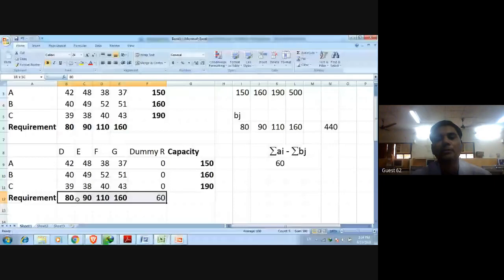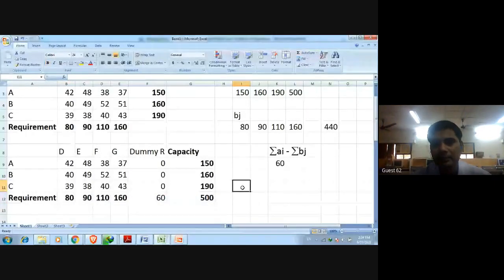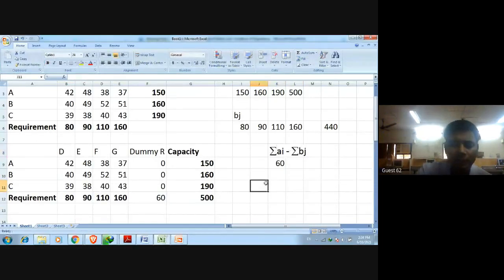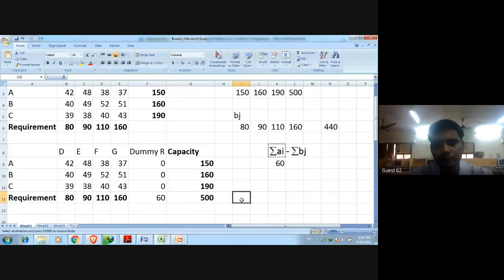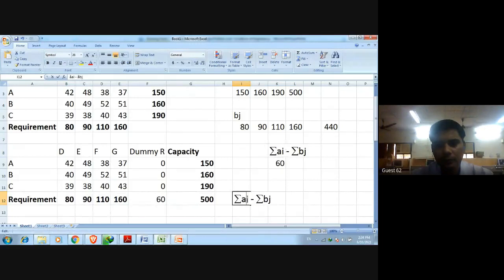Okay, so now in this case, your summation of AI and BJ are equal. Okay, so this is the condition now.